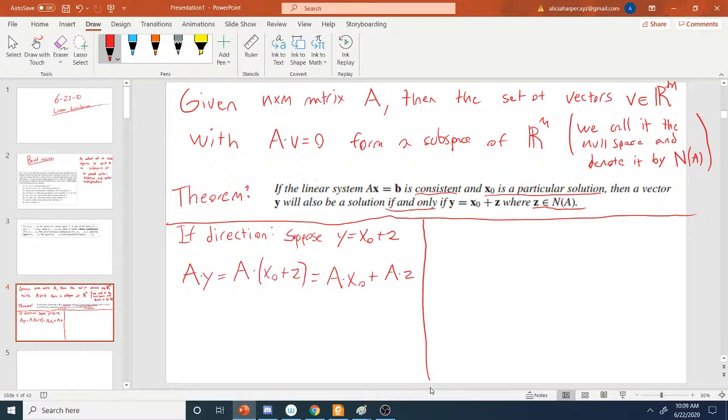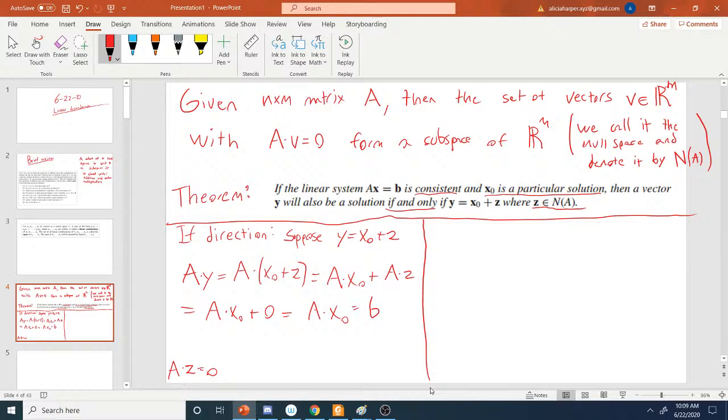Now, by our assumption that z is in the null space, we know that A times z is equal to 0. So this is just the same thing as A applied to x naught plus 0. Add 0 to anything, you get your thing back. So this is A applied to x naught, which by assumption, since x naught is a particular solution to this equation, is just equal to b.